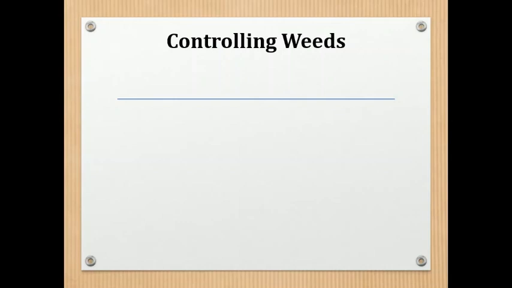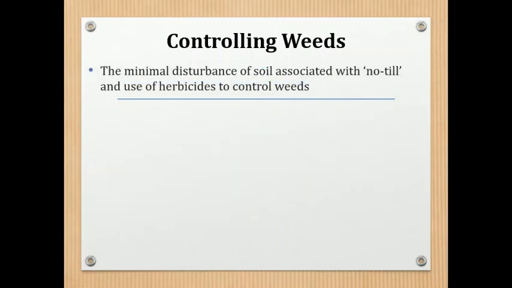Another feature of the no-till system is it helps in controlling weeds. The minimal disturbance of soil associated with no-till requires extensive use of herbicides to control weeds at the beginning.